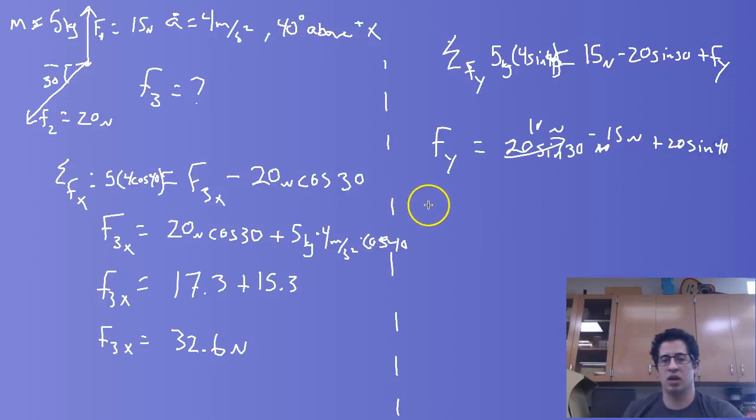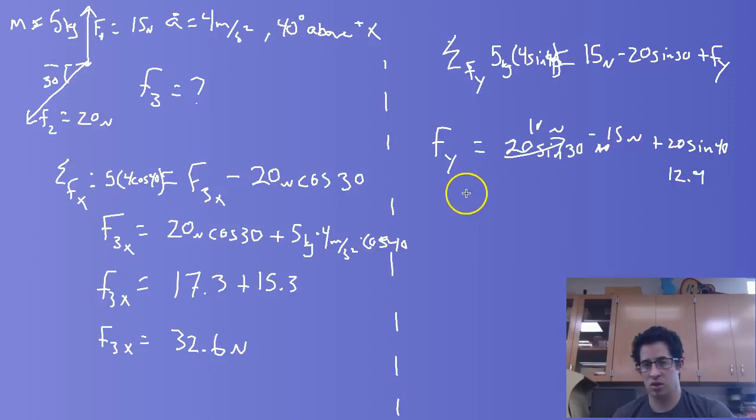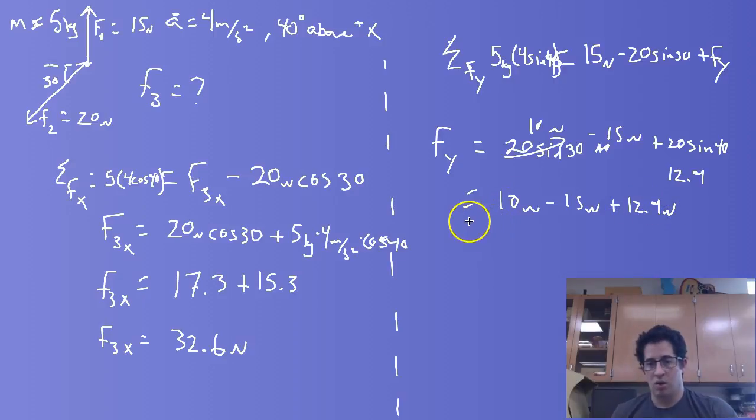We can work this out, and this simplifies to be like 12.9 newtons. So then Fy is equal to 10 newtons minus 15 newtons plus 12.9 newtons. That would be something like 7.9 newtons for Fy.